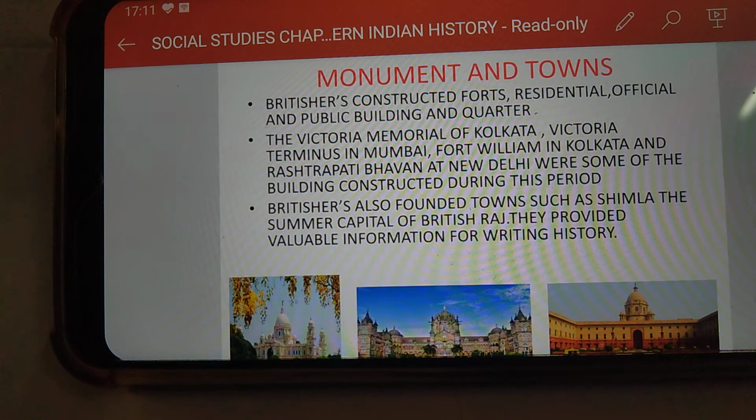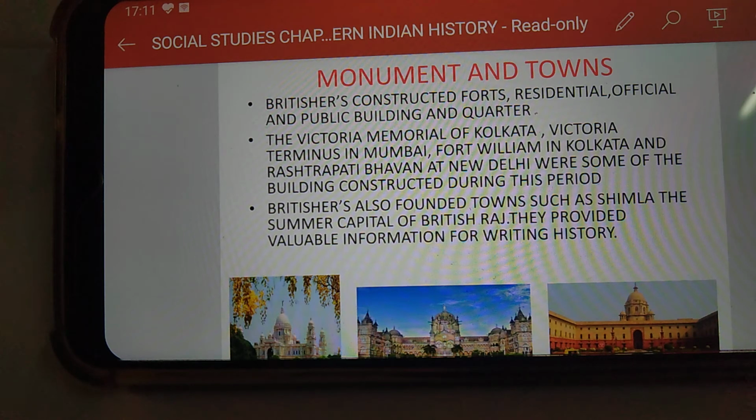Monuments and towns. Britishers constructed forts, residential, official, and public buildings and quarters. Victoria Memorial of Kolkata, Victoria Terminus at Mumbai, Fort William at Kolkata, and Rashtrapati Bhavan at New Delhi were some of the buildings constructed during this period.